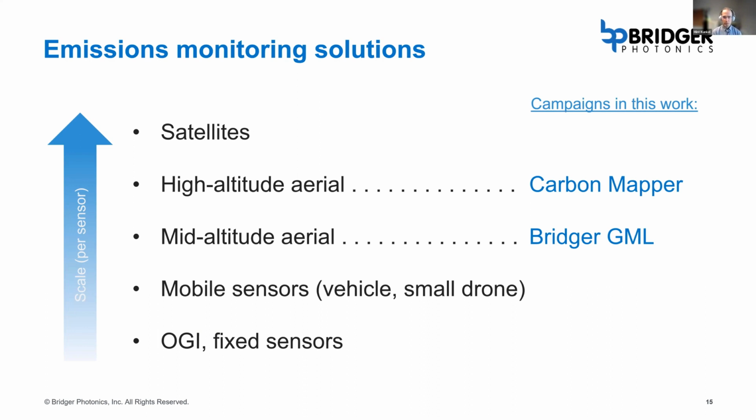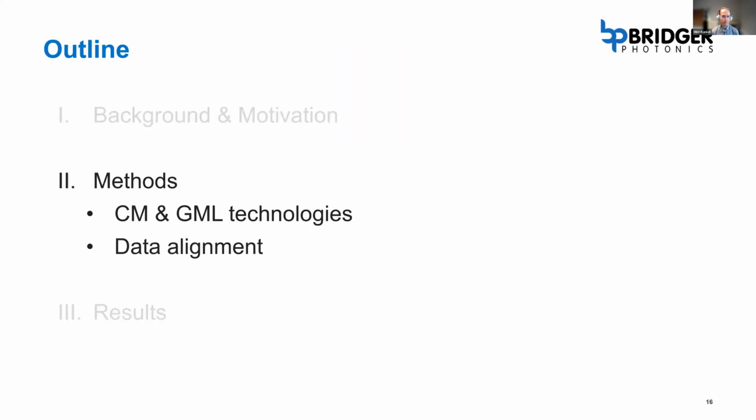And then optical gas imaging and fixed sensors at the bottom, which are typically one per site or maybe a few per site. Then in the middle are these aerial campaigns and mobile sensors, two of which I'll be reporting on today.